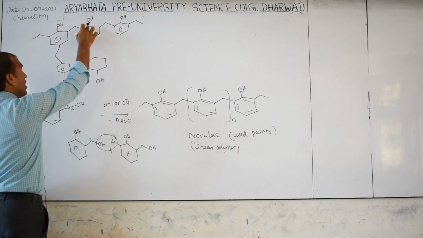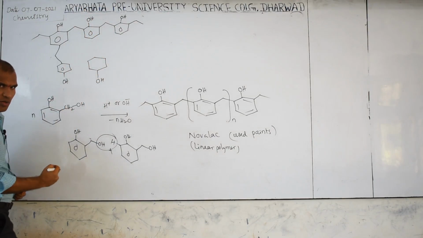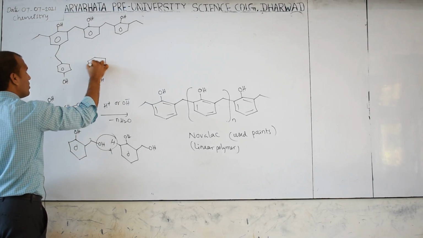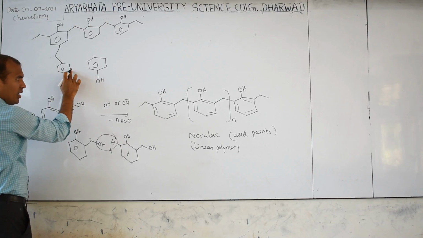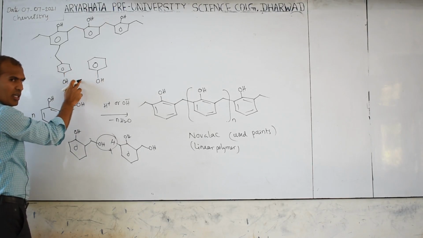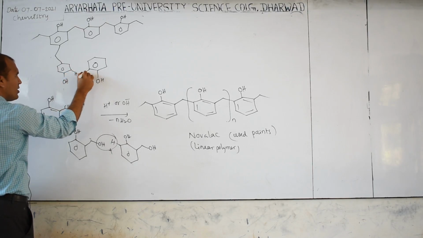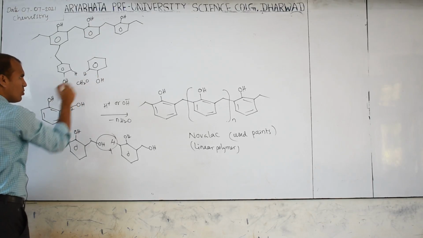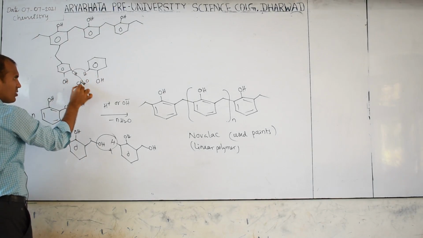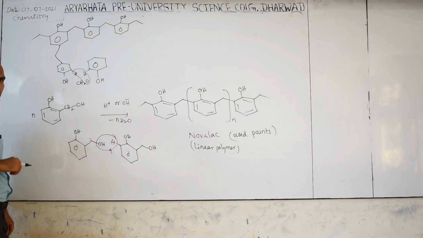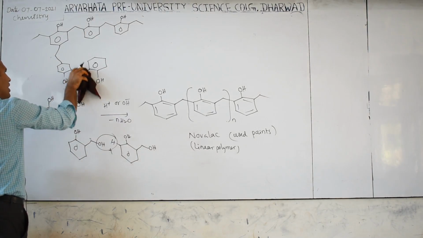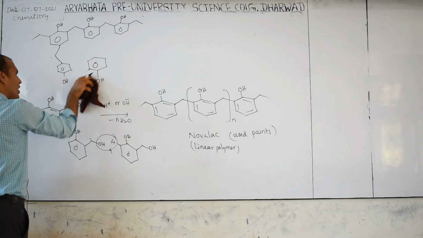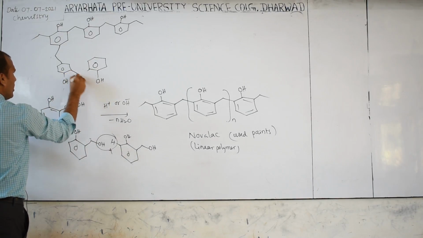Now here OH is up, here down, you have to write it reversed. Next, here what is there? CH2. It means here H, here H. If you want, I will show here. This is H. This is CH2O. Then what is lost? Water molecule. What is left? CH2. Therefore I want to remove this, and whatever is left, only that is written, that is called CH2.